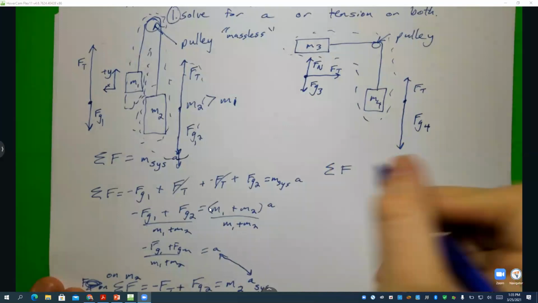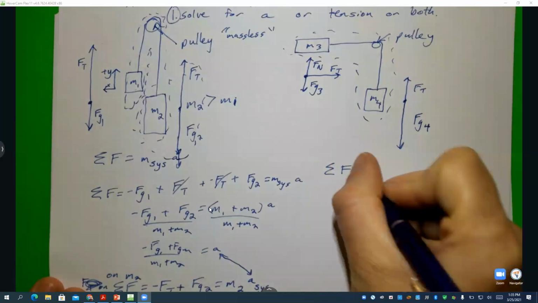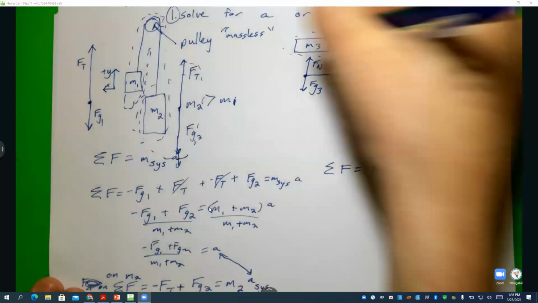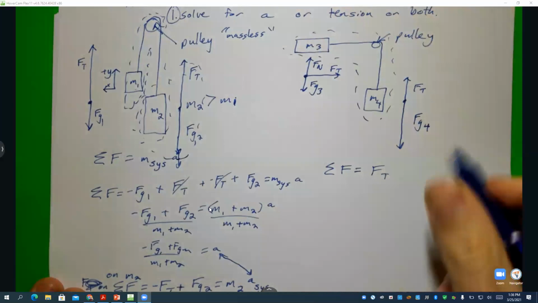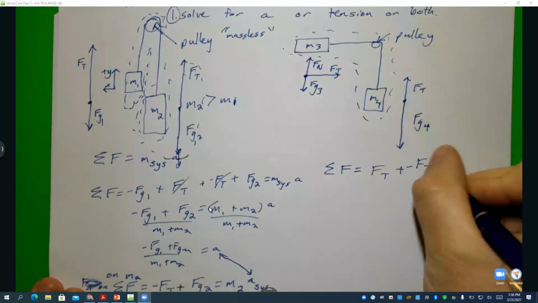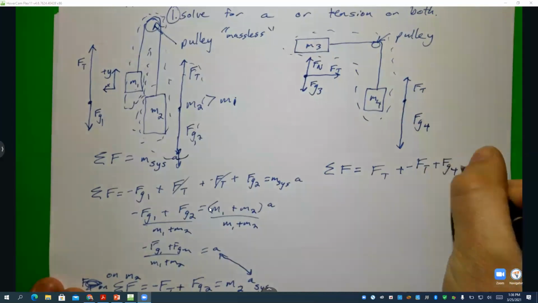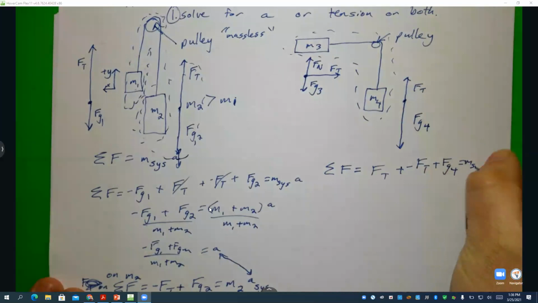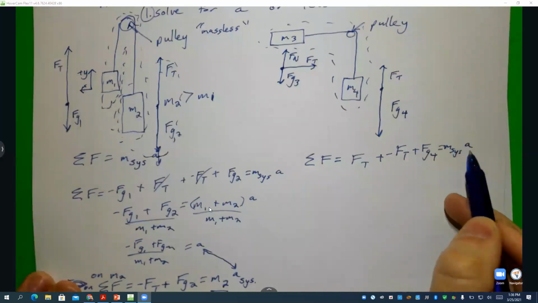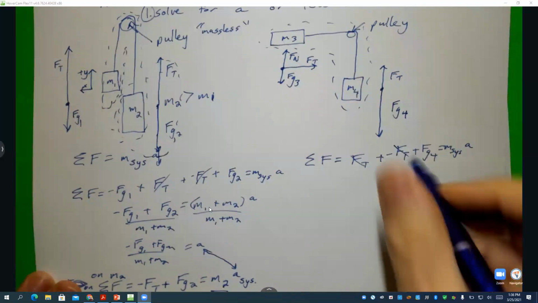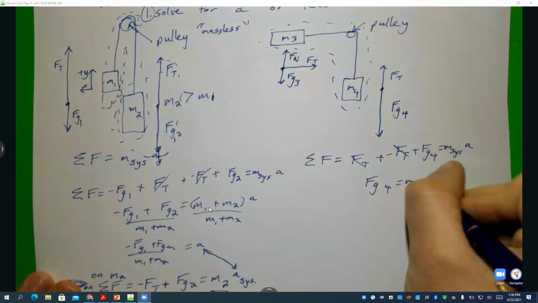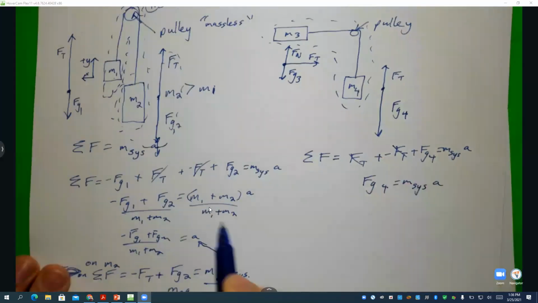The sum of the forces for the whole system, which is going to move this way, right, is Ft plus a negative Ft plus Fg4 equals the mass of the system times the acceleration. These are going to cancel again, and you're going to get Fg4 equals the mass of the system times A. Then you'd solve it just like you do over here.